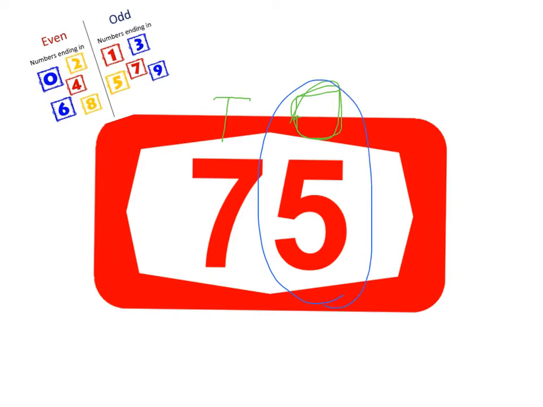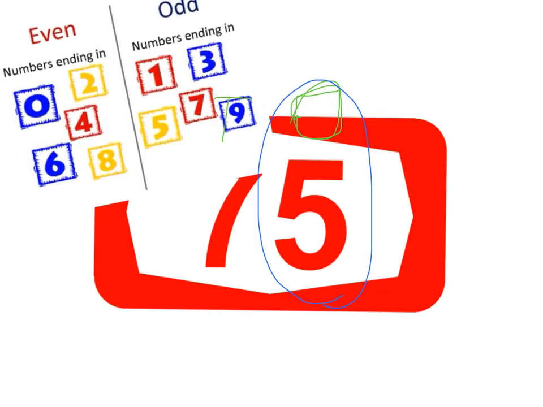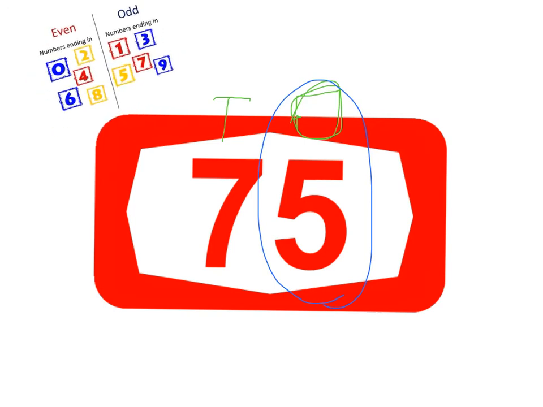What is the last digit of the number? This one here is of course a 5, and if we think about the poster that we know, the number 5 is odd. So that means the whole number 75 is odd because it ends in a 5.